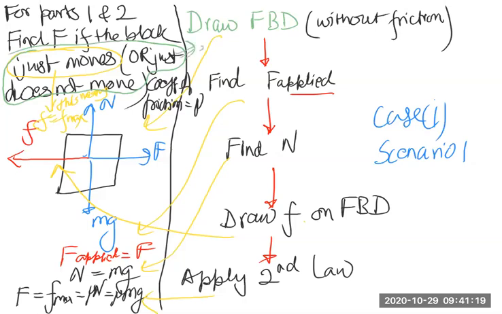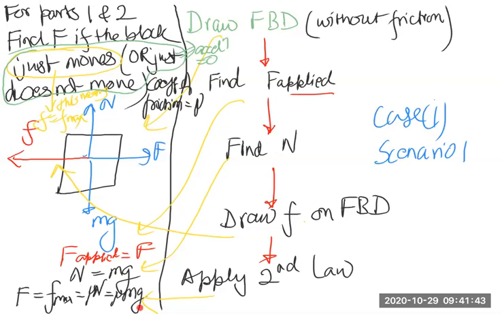This also implies that acceleration is equal to zero. अगर acceleration zero है, इसका मतलब ये फोर्स और ये फोर्स बराबर होने चाहिए. तो F must be equal to F max, which is equal to mu N, and N I already know is equal to mg.